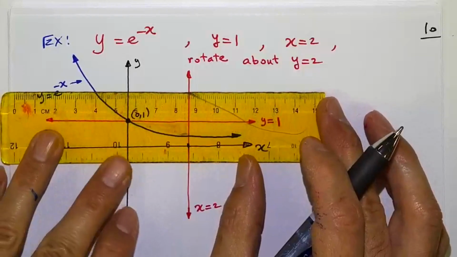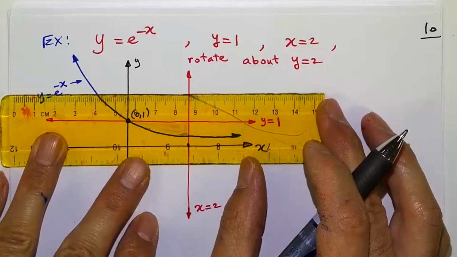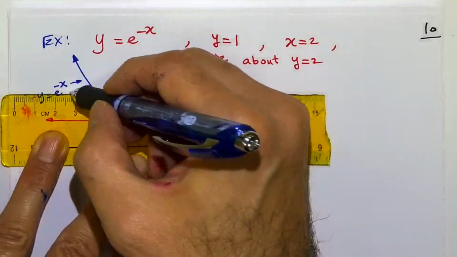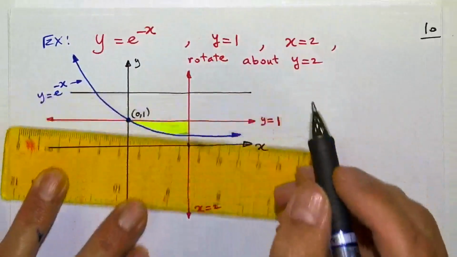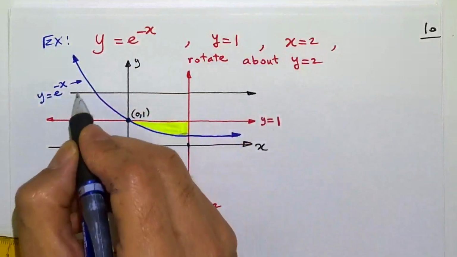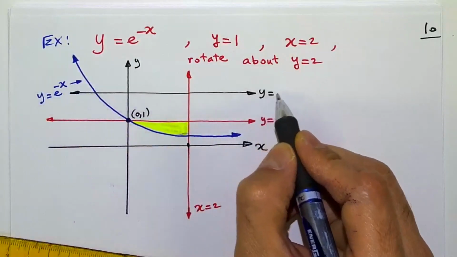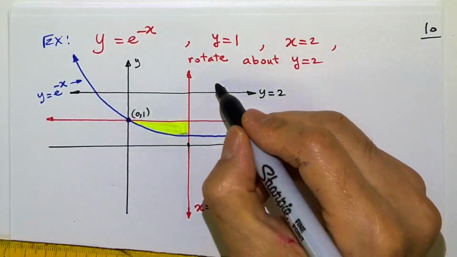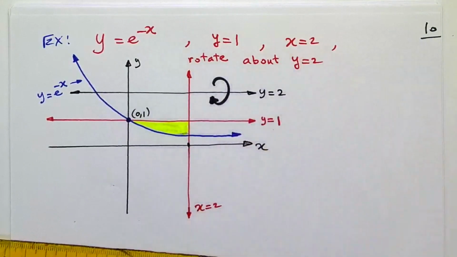Y equals 2 would be somewhere here, like that. So that is y equals 2. And let me quickly, with my thick marker here, identify that as the axis of rotation, right?